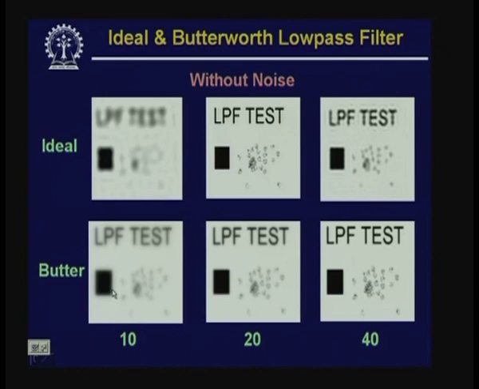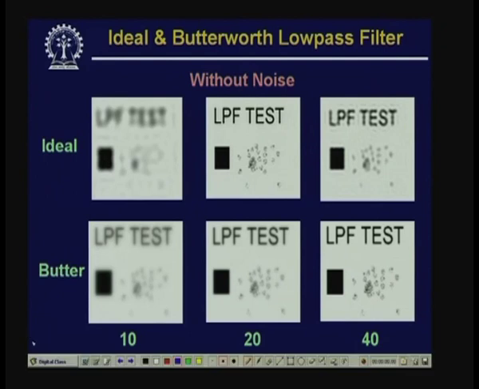If I increase the cutoff frequency, when I go for cutoff frequency of 20, you find that in the ideal low pass filtered image, the image is very sharp, but the disadvantage is that if you simply look at these locations, you find that there is some ringing effect.